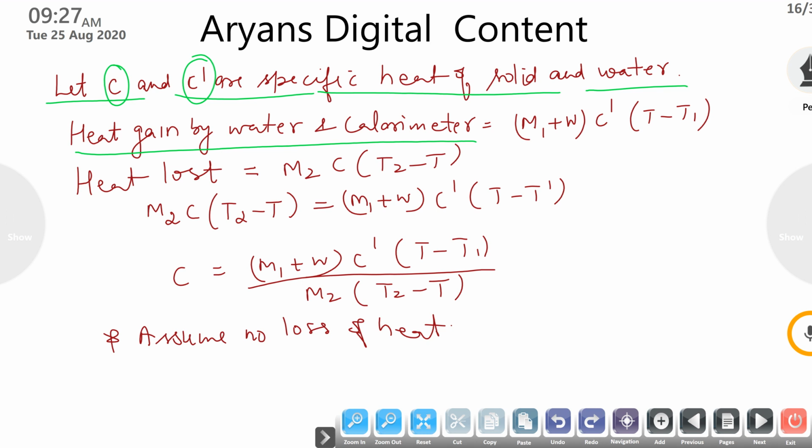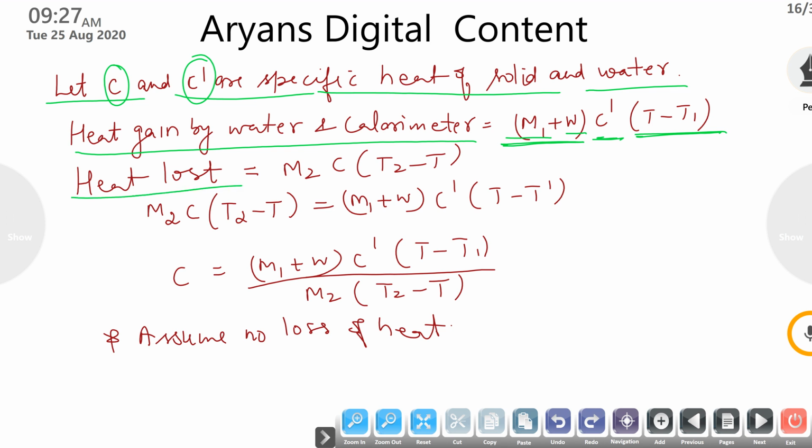So heat gain by the water and calorimeter is simply mass, specific heat and rise in temperature. So mass is now the mass of calorimeter, that is water equivalent, plus mass of water, that is M1 plus W, times C dash, the specific heat of water, and this is the change in temperature. As T1 is lower than T, I have written T minus T1.